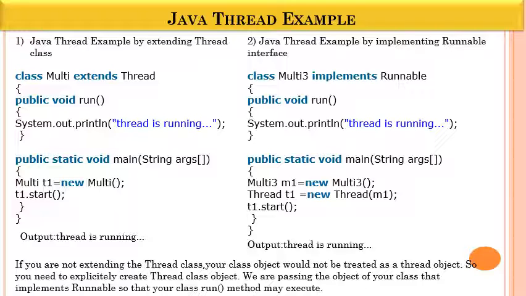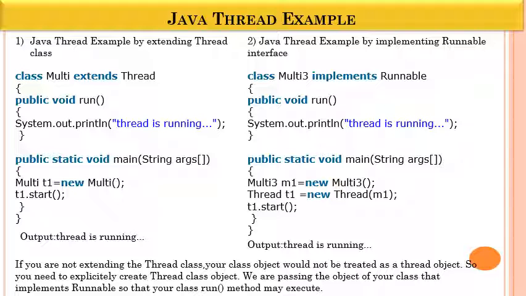The public static void main shows the implementation of the Runnable interface in our program. Multi3 m1 is equal to new Multi3, and Thread t1 is equal to new Thread(m1). Then t1.start starts the run method, and the run method will show the thread is running.